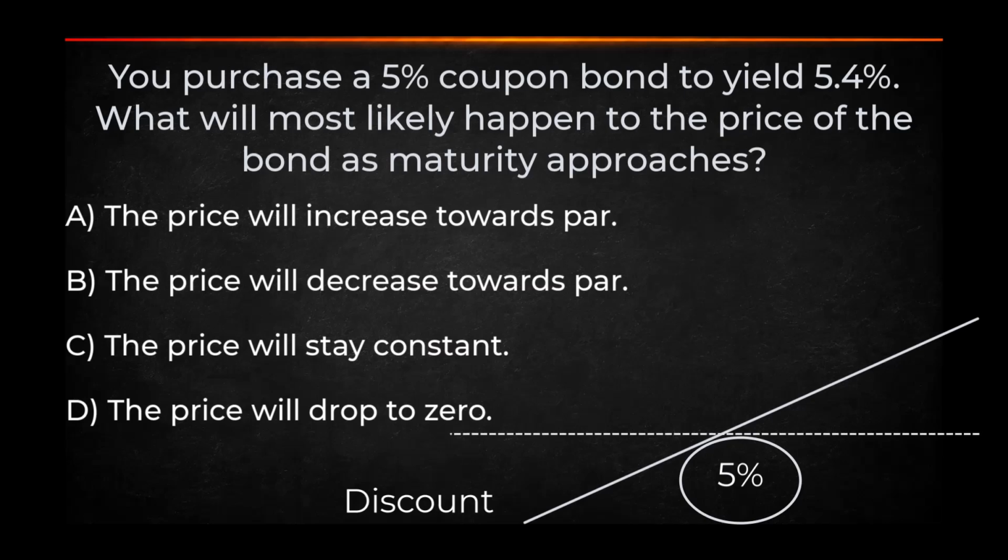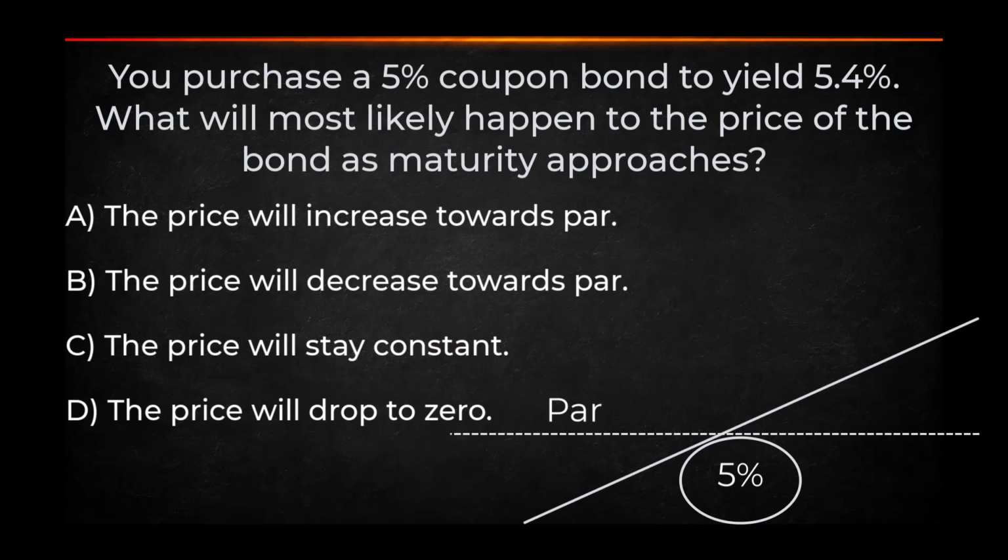Well, FYI, as you approach maturity, what's going to happen is the bond is going to slowly trade closer and closer to its par value. Because as you approach maturity, you're going to go ahead and get your $1,000 back from the issuer, and the coupon is going to become less and less relevant. You don't have as many coupon payments remaining, and instead you're just going to get your full principal back, that $1,000.